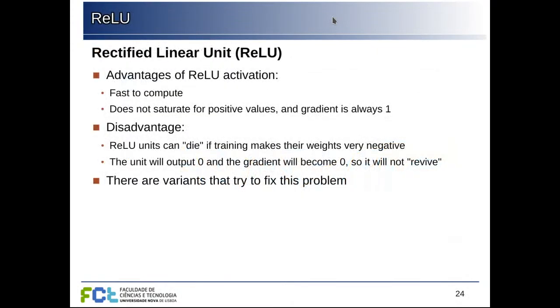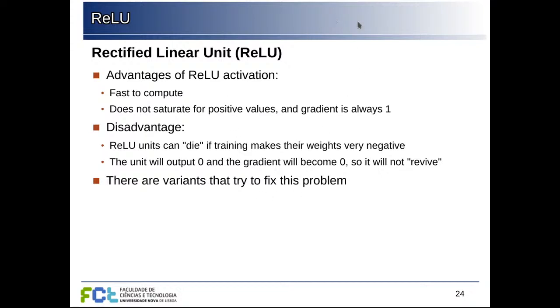Sometimes rectified linear units die during training, but it's not really that common because it must happen for all the examples in the training set. And if you have rectified linear units in deeper layers, then it also depends on the output of the previous layers and so on. So it's not really that bad of a problem, but it can happen.